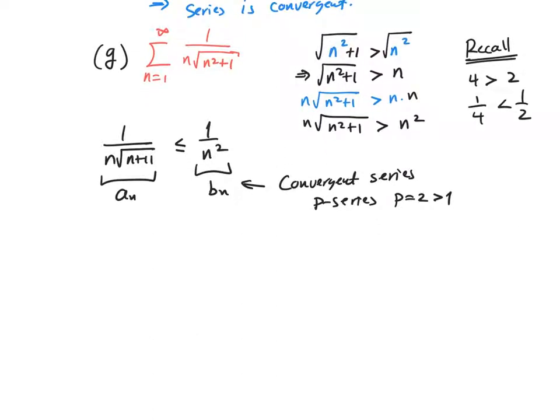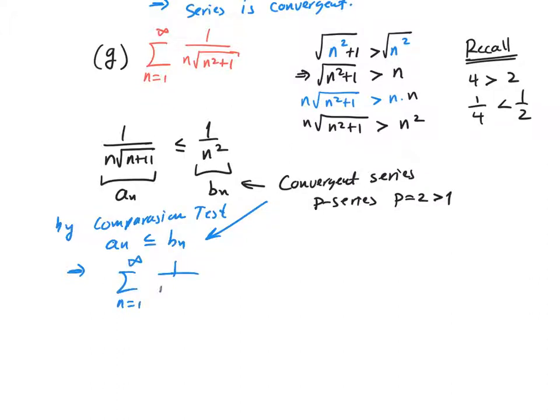So by the comparison test, since a_n is less than or equal to b_n, and this one is convergent, that implies that our original series is convergent. And that's it.